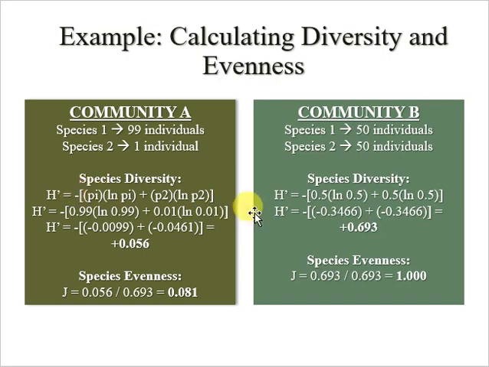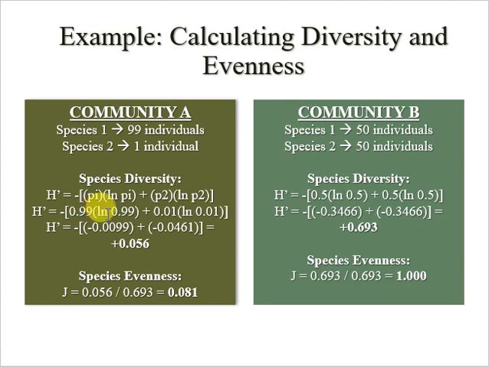You can do that by taking the absolute value, or the negative, of your pi times the natural logarithm of pi for species 1 plus pi times the natural logarithm of pi for species 2. So here we would have 0.99 times the natural logarithm of 0.99 plus 0.01 times the natural logarithm of 0.01.